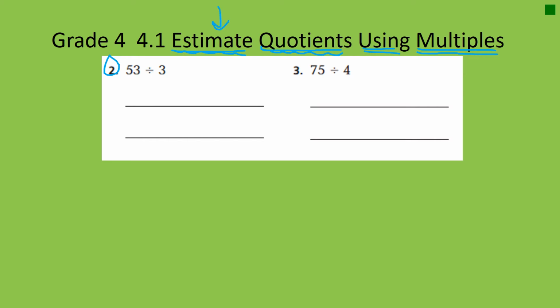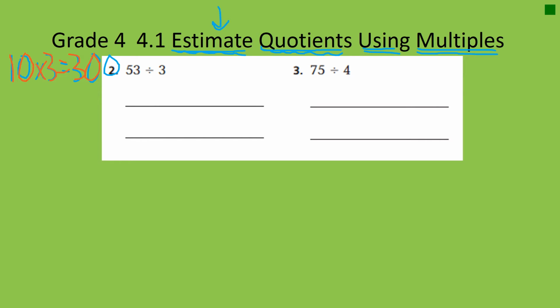So let me see. I'm going to start with my good friend 10. I know that 10 sets of 3, that's 30. Oh, you know what? I'm going to change colors. That's hard to see. 10 sets of 3, that's 30.